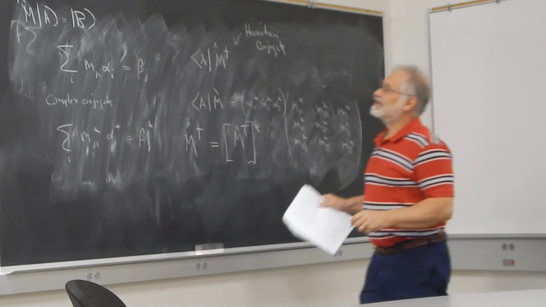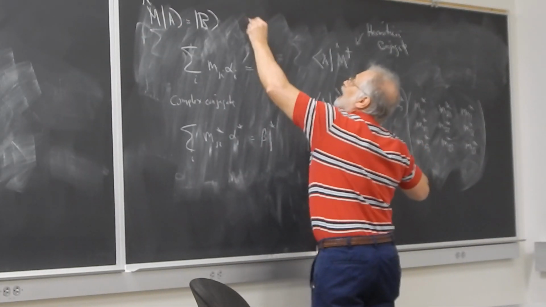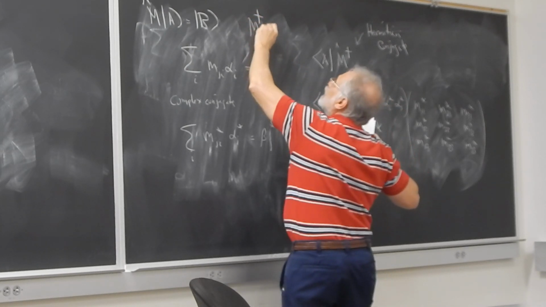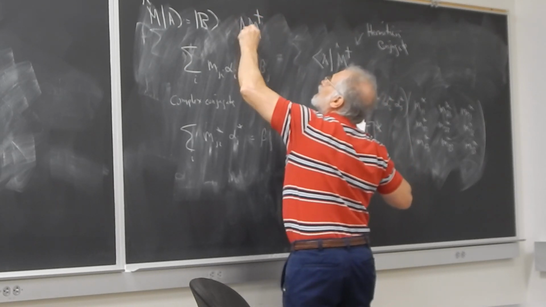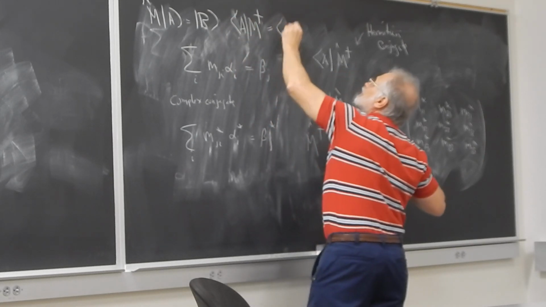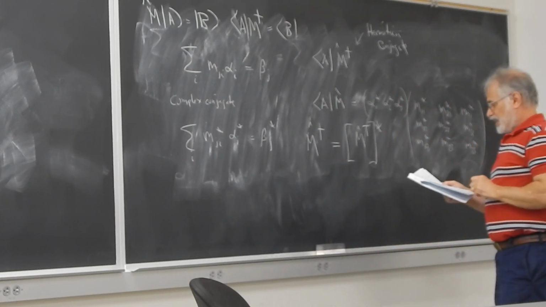That means that if M times ket A is equal to ket B, it means that bra A times M dagger is equal to bra B. That is the correct expression.